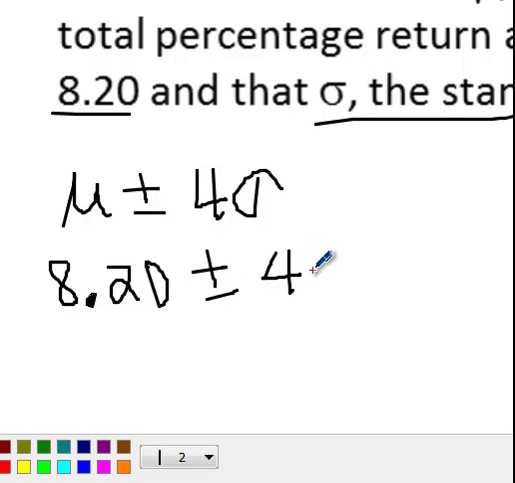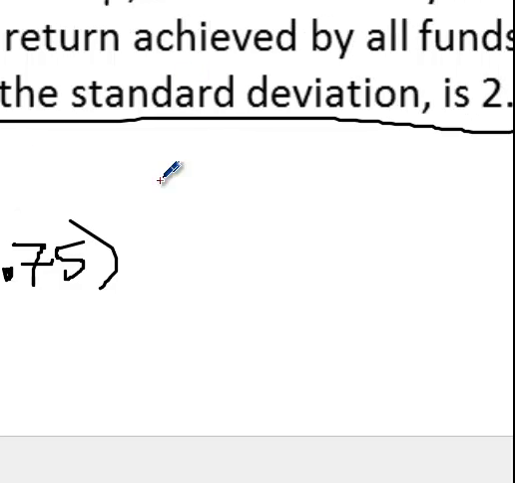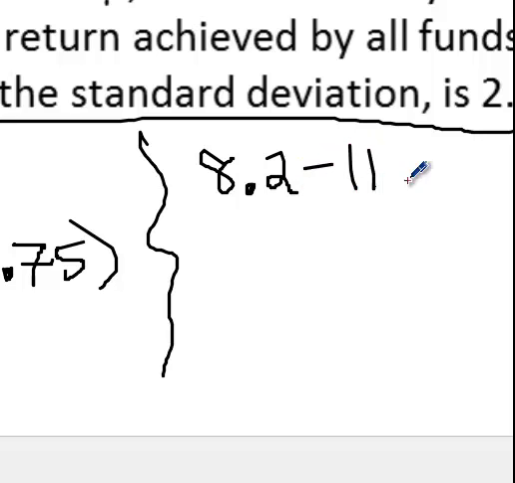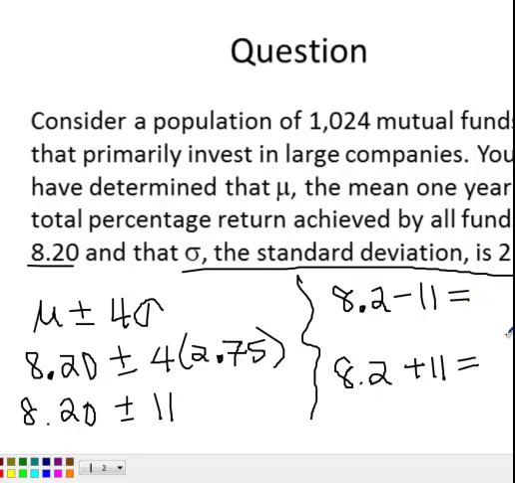We're going out 4 standard deviations, and the standard deviation is 2.75. So when I multiply 4 times 2.75, I get 11. So now you'll have 8.2 minus 11, and then 8.2 plus 11. That's what that plus or minus means in the middle. You have to add and you have to subtract. So when I subtract, I get negative 2.8. And when I add 11, I get 19.2.